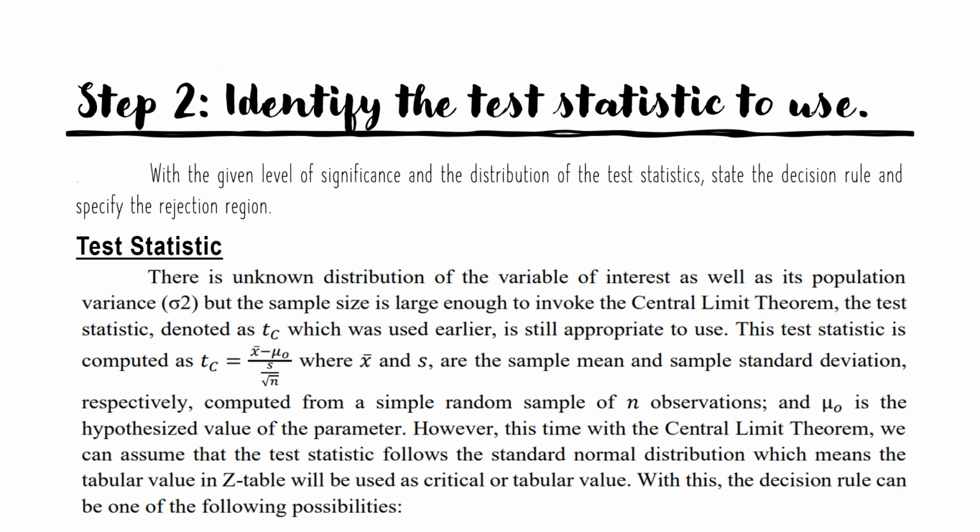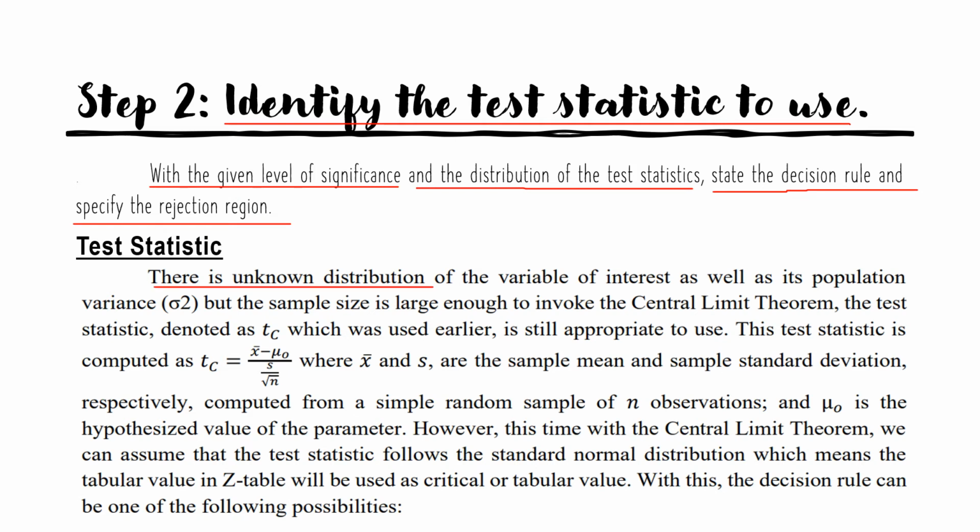For step number 2, identify the test statistic to use. With a given level of significance and the distribution of the test statistic, state the decision rule and specify the rejection region. So what is the most appropriate test statistic when we apply the CLT?